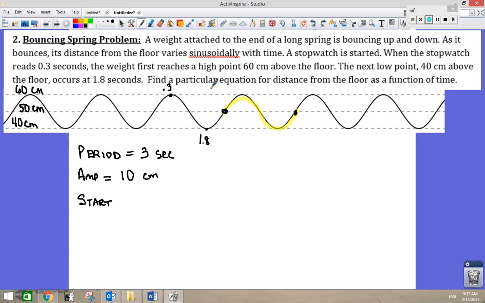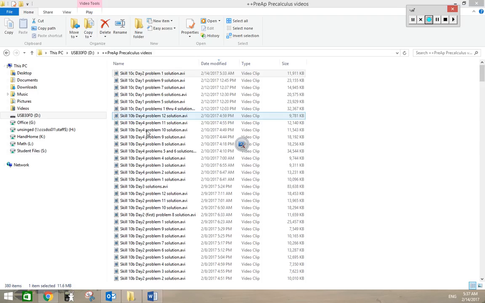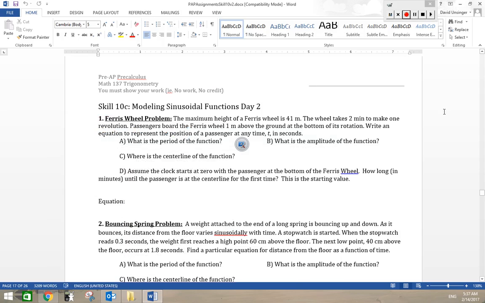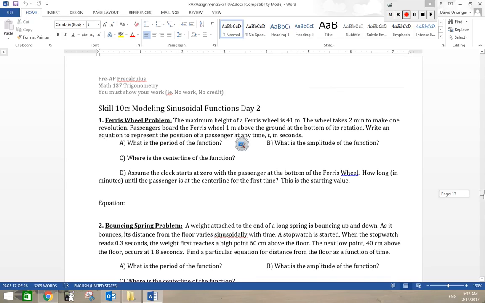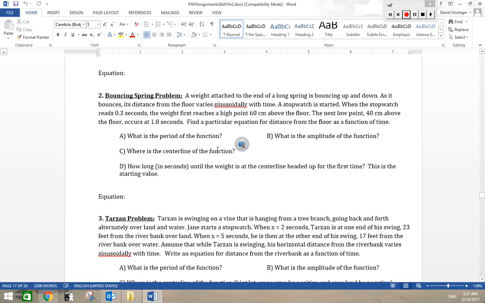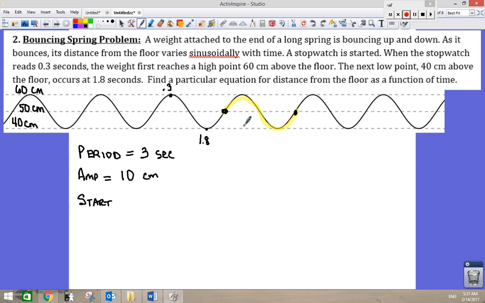Let me see, there are different parts to this problem that I didn't copy, and maybe it suggests how long in seconds until the weight is at the center line heading up for the first time. So heading up for the first time here, let's see, it's heading down.